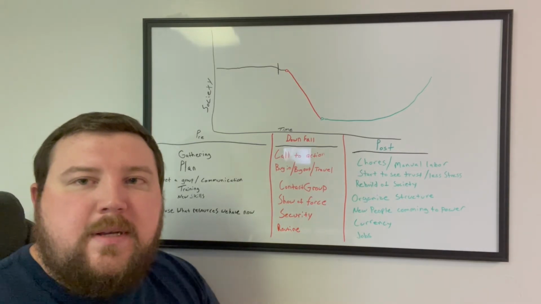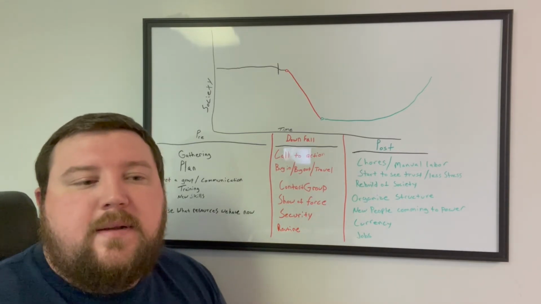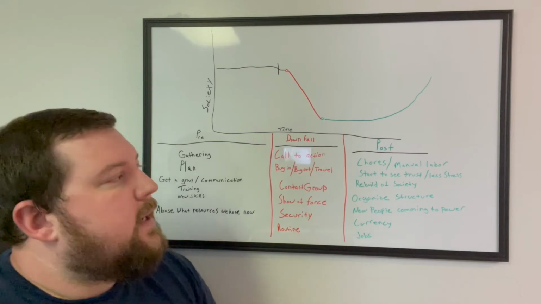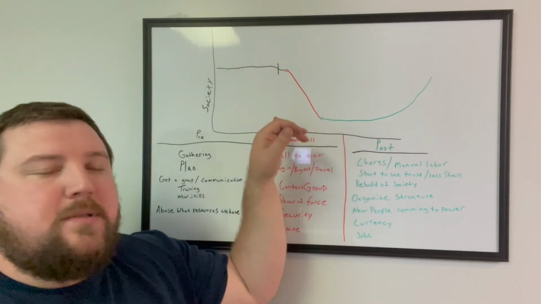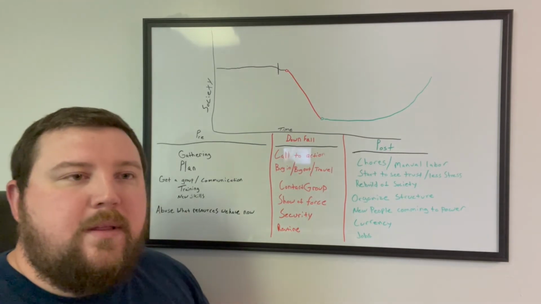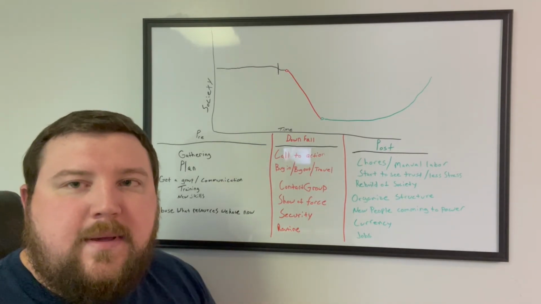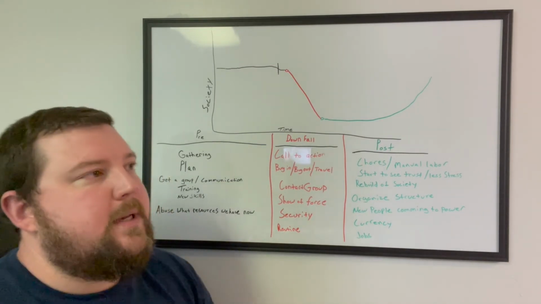Or gangs got involved and the gangs now run things. I'm not saying that's good, but there's going to be some type of base level of structure where you're not necessarily thinking that the person in front of you is going to kill you.